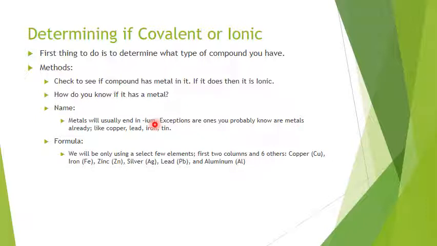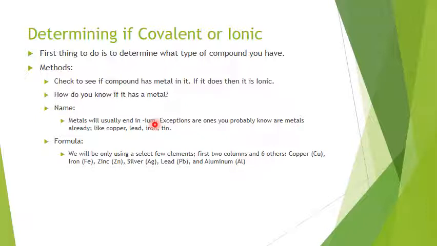ionic compound, because there's a couple of nonmetals that have IUM in them, but anytime you hear IUM, it is probably going to be a metal, like sodium, lithium, calcium, strontium, beryllium, and so forth.